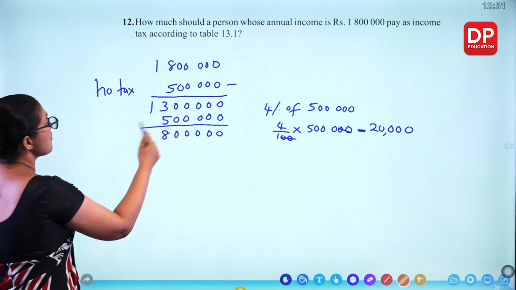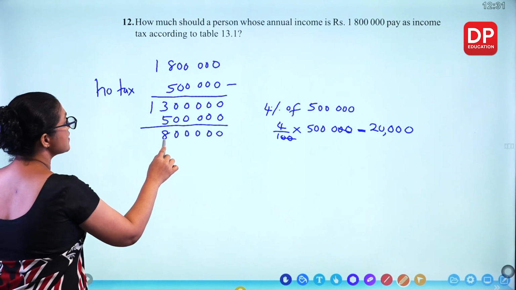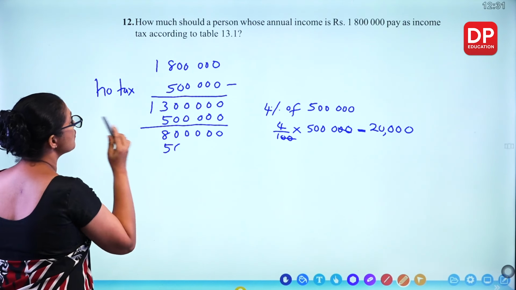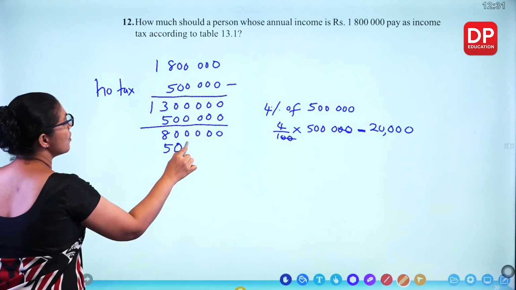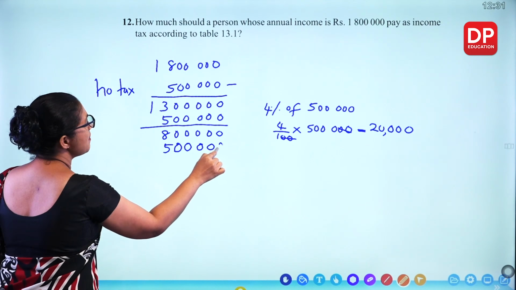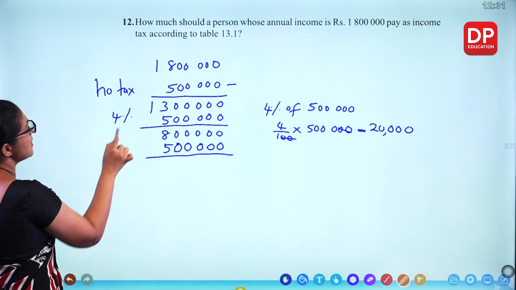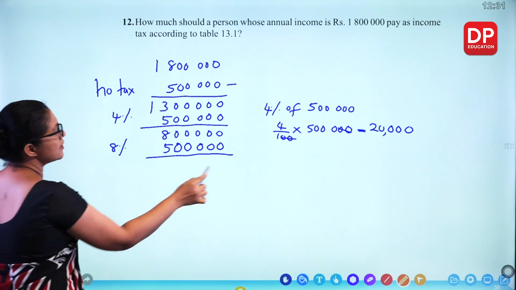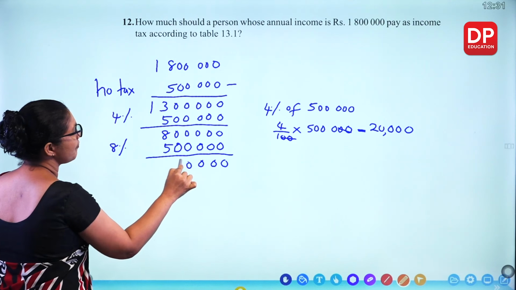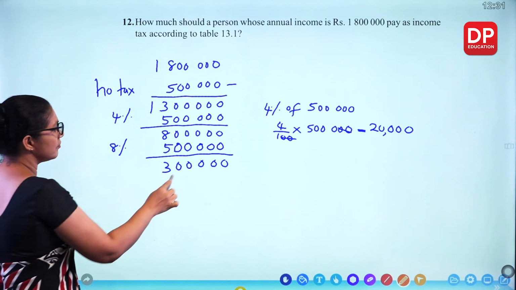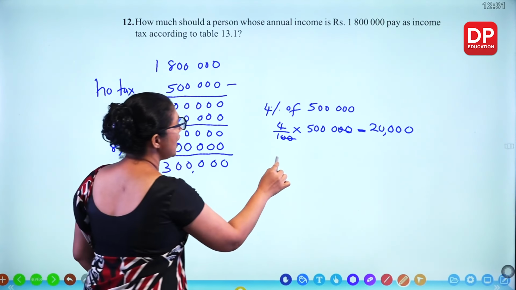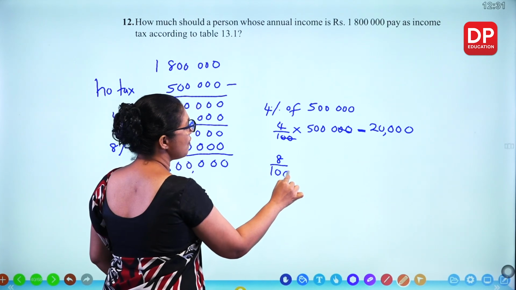Then for the next 500,000, you have to pay 8%. So this is 4%, this is 8%. So 8% of 500,000.